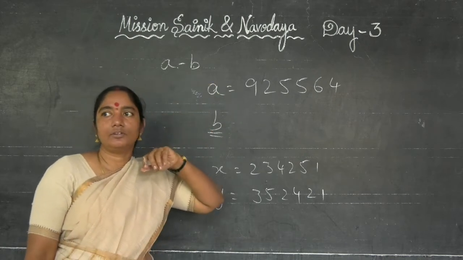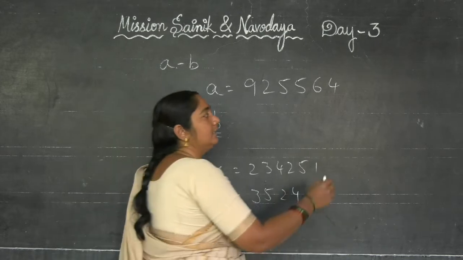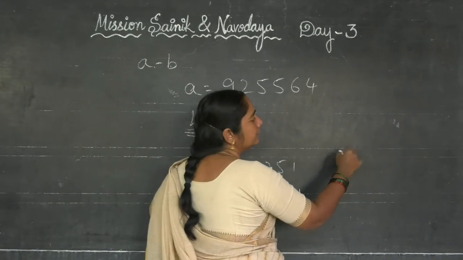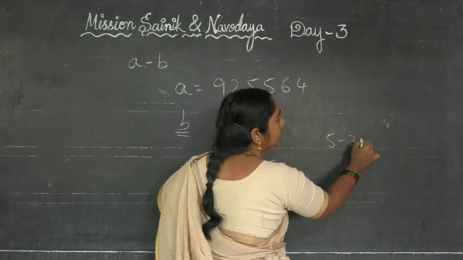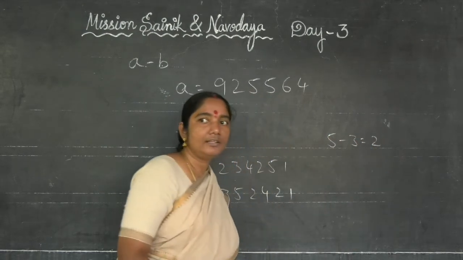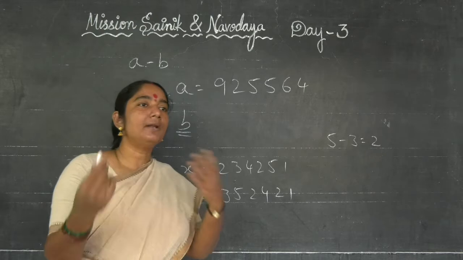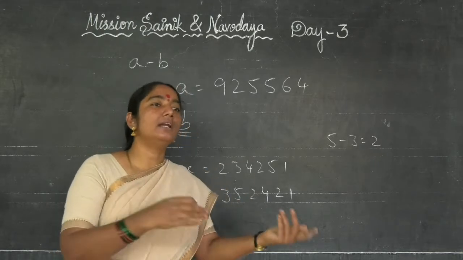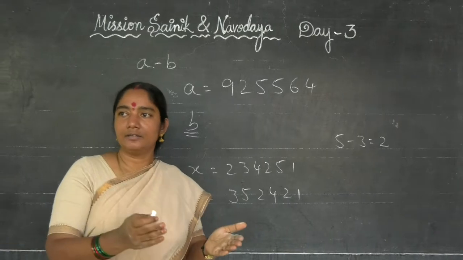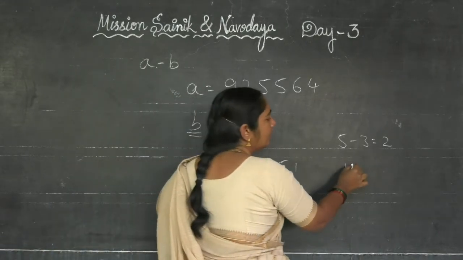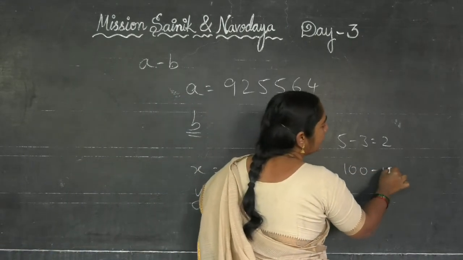I think you now understood. Subtract 3 from 5. So 5 minus 3, that is 2. Subtract 10 from 100. So from 100 you are now subtracting 10.